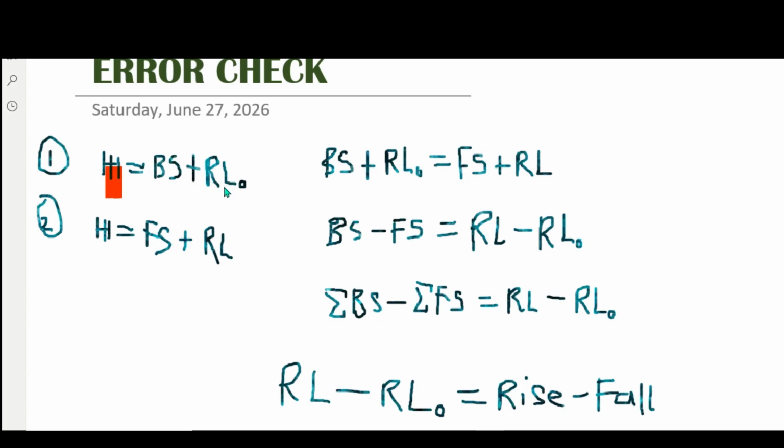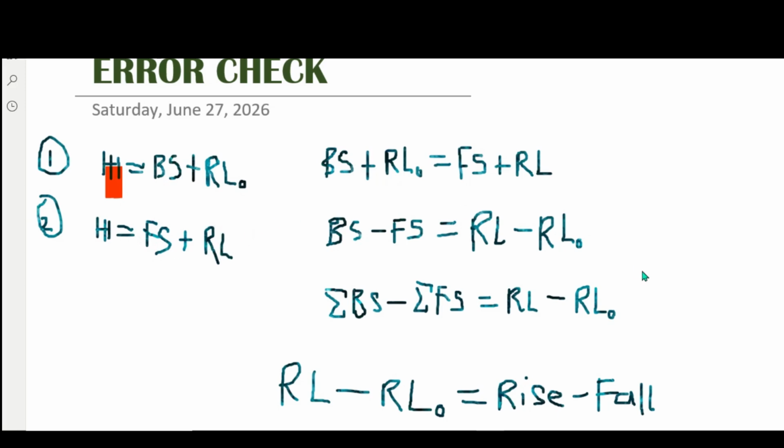Okay, so remember this is number 1. Height of instrument on the beginning side, on point 1, gives us backside plus initial reduced level. Now on point 3, that's number 2. The same height of instrument gives us foresight plus final reduced level.